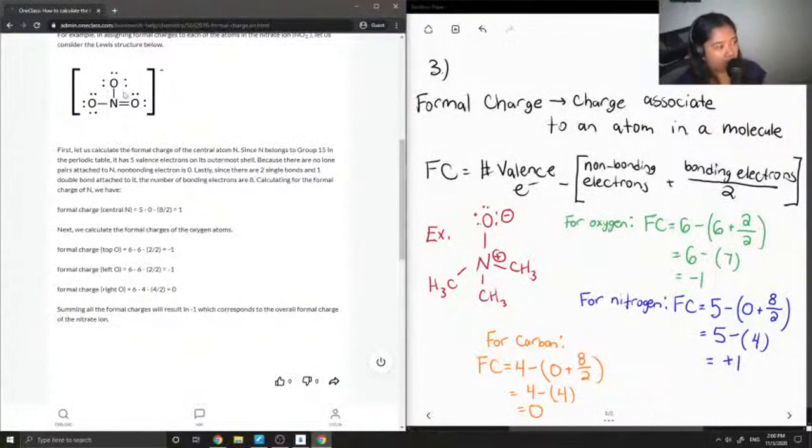But if you look at the oxygen on the right that has the double bond, it has only 4 electrons participating in the lone pairs, and it has a double bond, so there are 4 electrons involved, divided by 2, and the formal charge of the oxygen on the right will only equal 0.